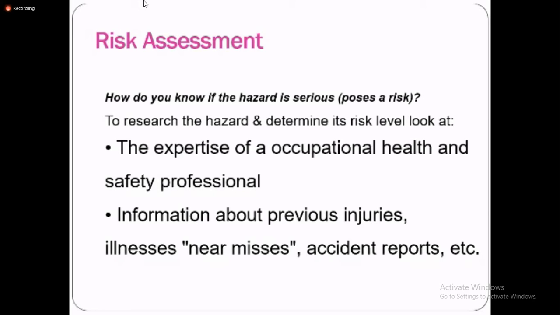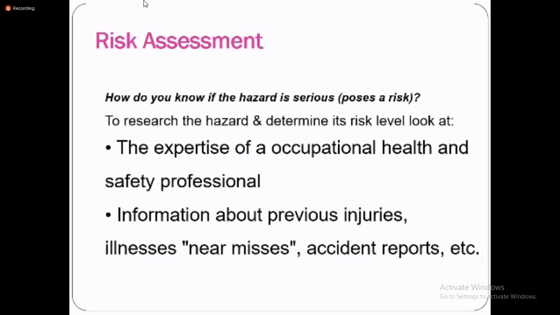Because sometimes you may not know. Sometimes, if you ask the employees, okay, have you seen any incidents or any accidents in those machines? They might run the machine without a guard, right? You may think, okay, they are running with the guard. If you ask the question, no, sir, we haven't experienced any for the last 2 to 3 years. Right?